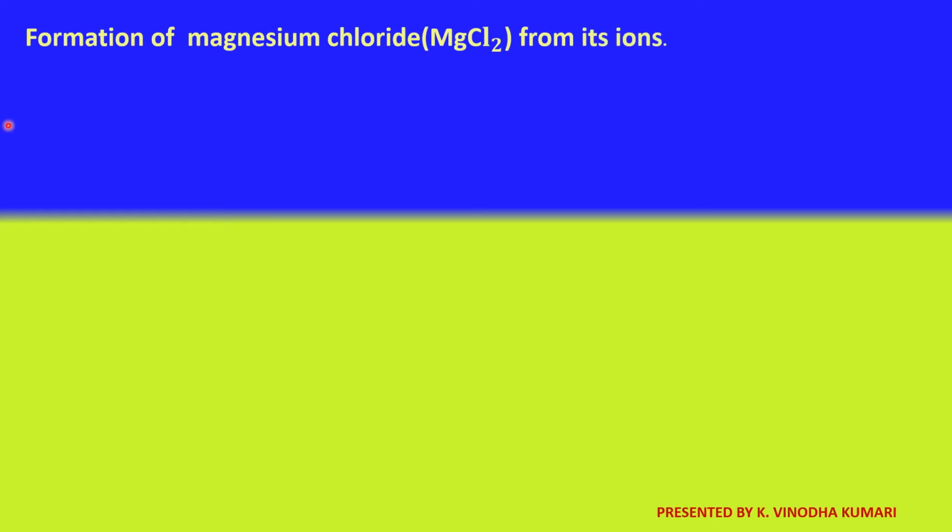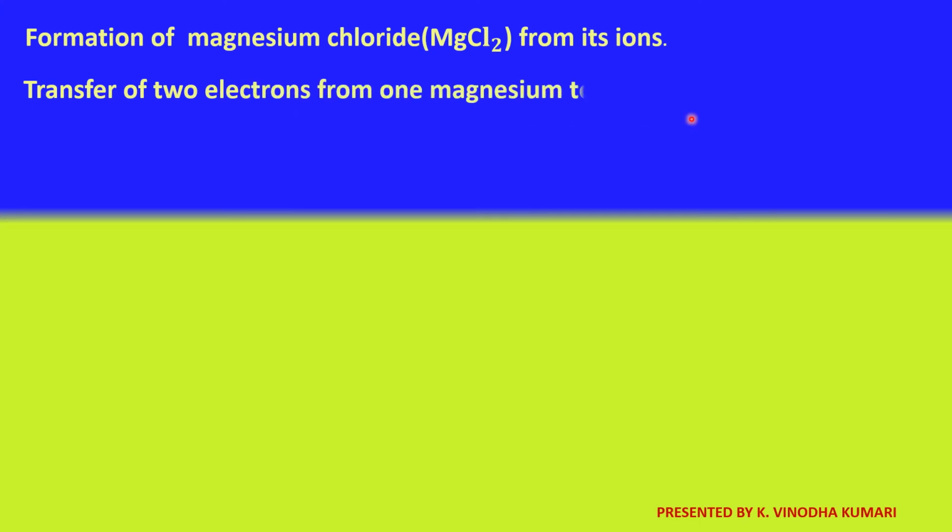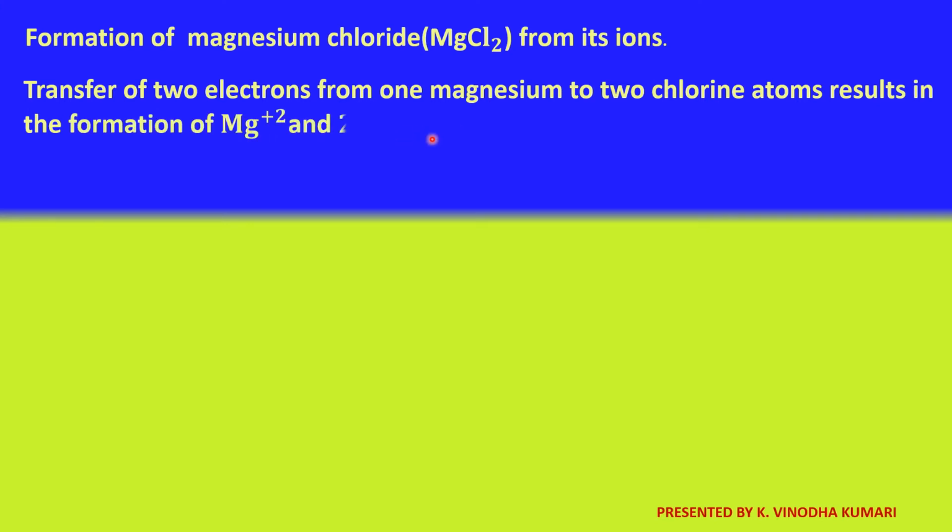Formation of magnesium chloride from its ions. So just now we have seen that magnesium transfers 2 electrons and chlorine gains 1 electron. Transfer of 2 electrons from 1 magnesium to 2 chlorines, 1 electron each, results in the formation of the ions Mg plus 2 and 2Cl minus.